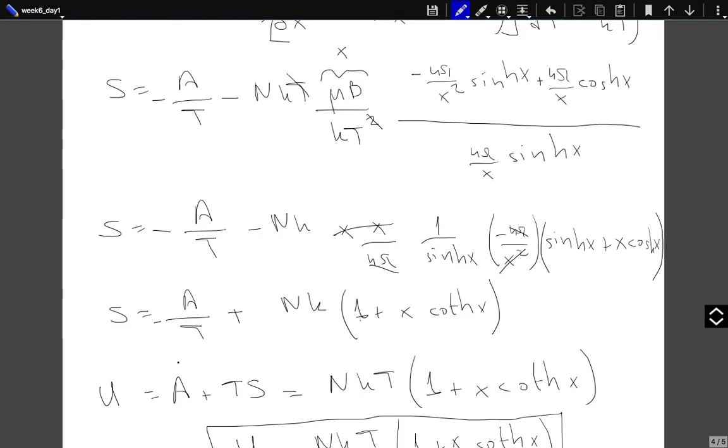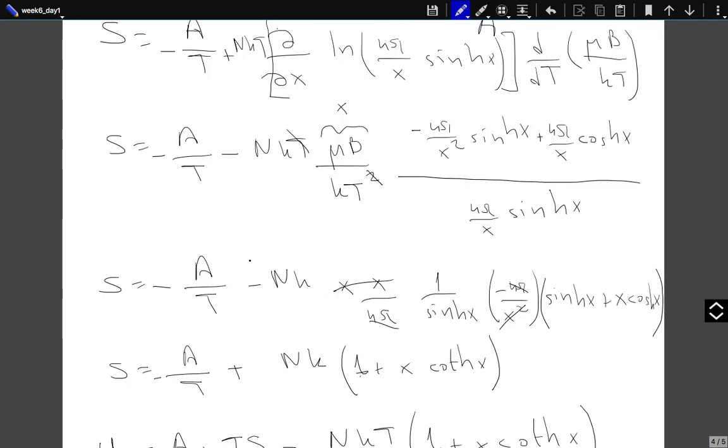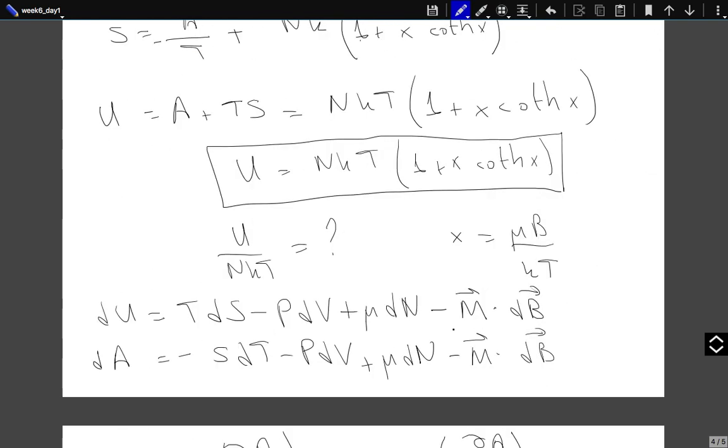We had already evaluated that derivative with respect to x. It is already this term over here. That is our energy. Now let's write it down.